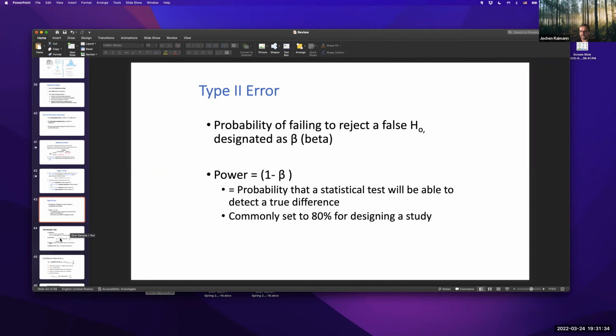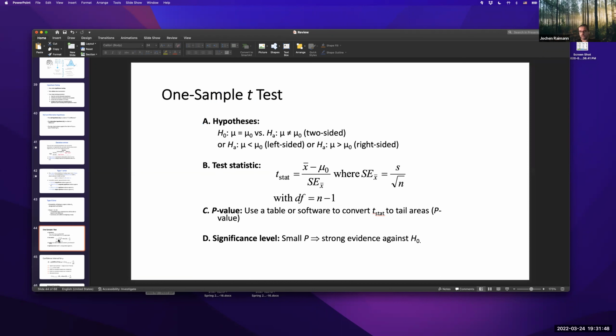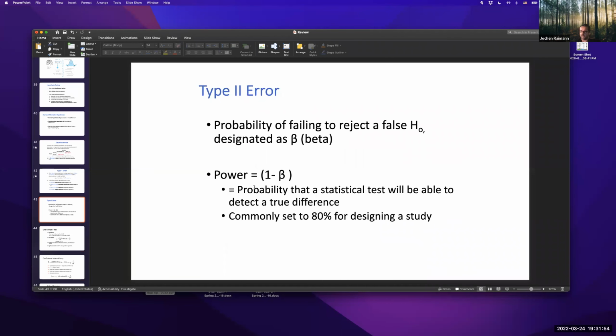Further, you can also intensify your intervention and increase the difference between both means. You can decrease the variability, which is a little trickier to do, and you can change your alpha. By that, you also will be more likely to see higher power.